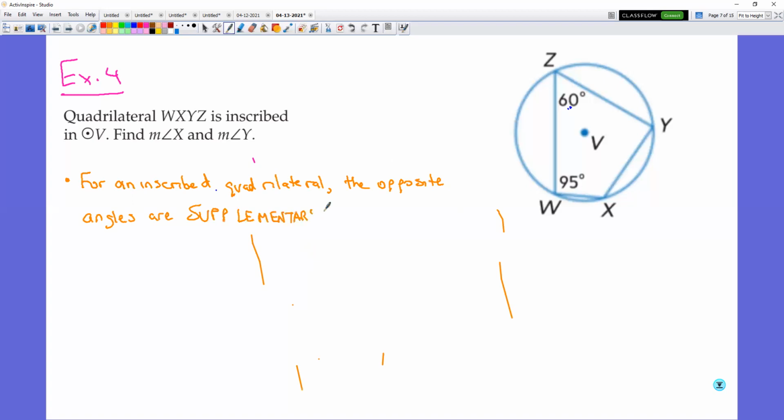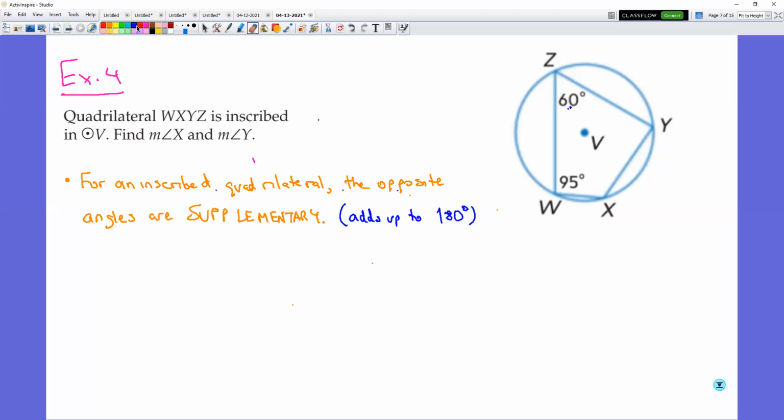And remember, supplementary means adds up to 180 degrees. Okay, all right. So just keep that in mind. So that's all we have to do to help us answer this question.